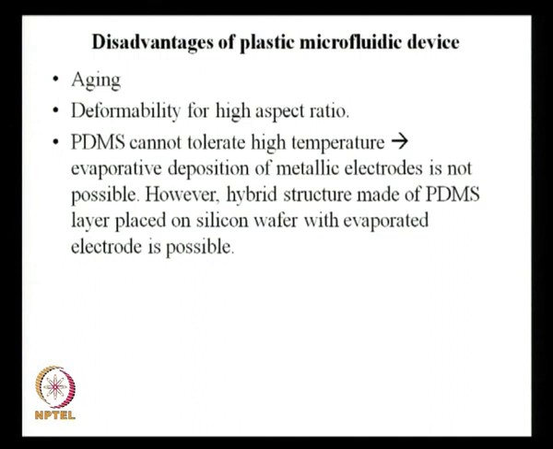PDMS layer. So, first you take the silicon wafer, you evaporate the electrode and put it there, and then you go for the application of the PDMS layer on the silicon wafer, such that you have the benefit of both structures.